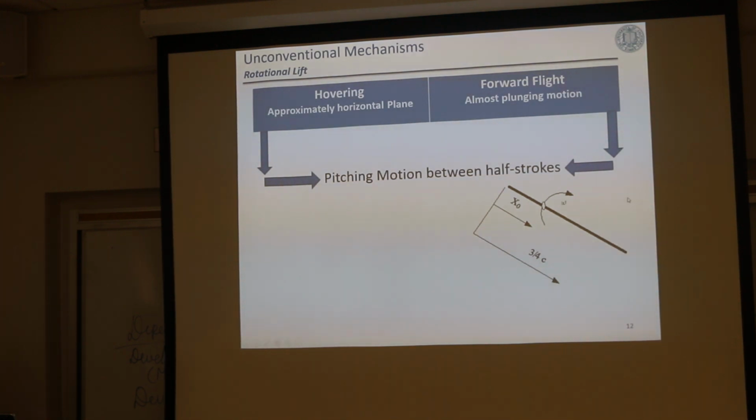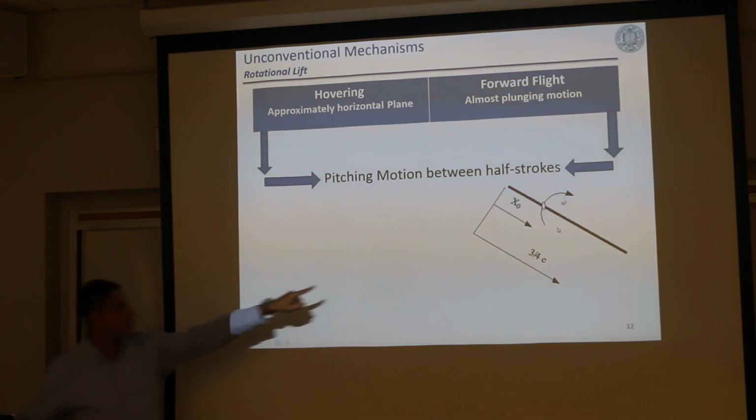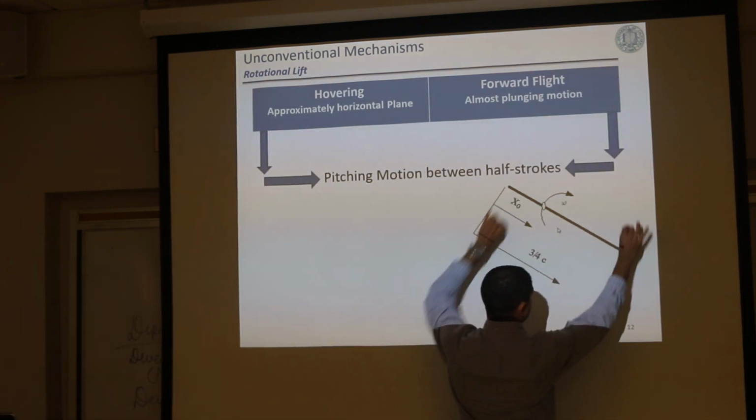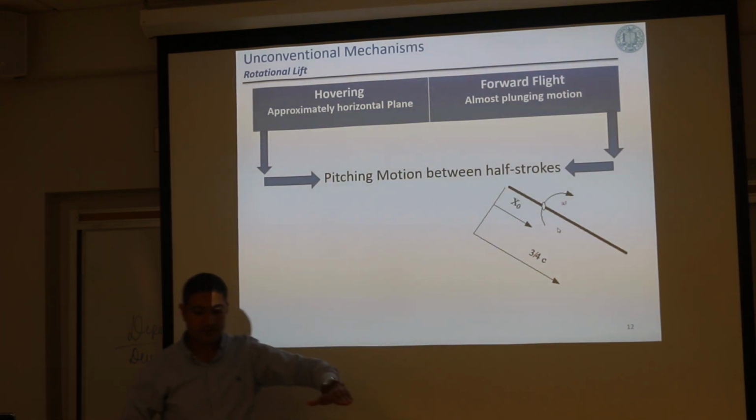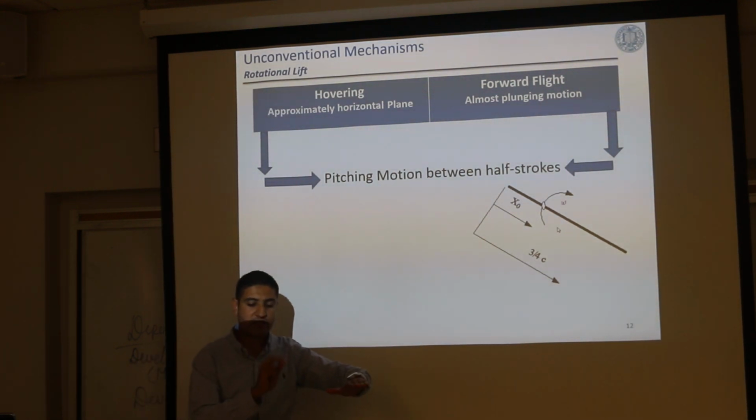And you guys know that whenever we have a pitching angular velocity omega, we get an extra lift. Anybody remember why? We already discussed this in class. Assume that this is horizontal now, if this is at 0 angle of attack, instantaneously you get 0 lift.